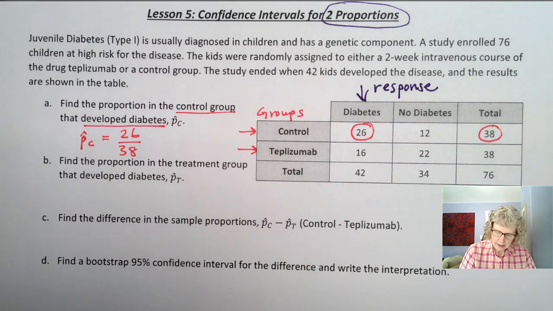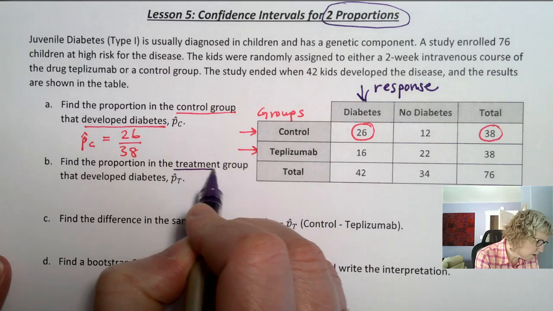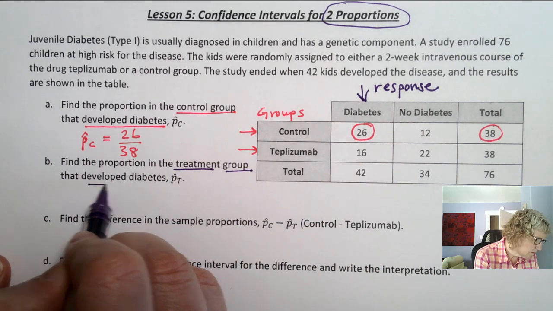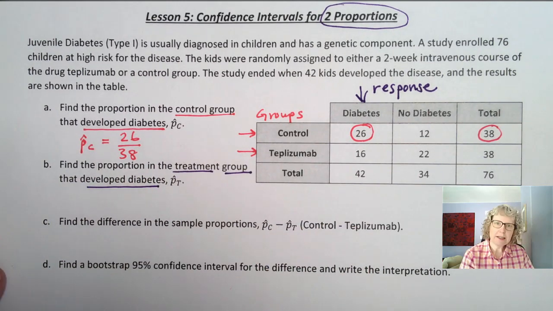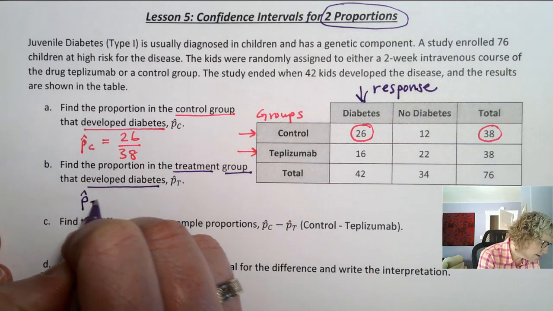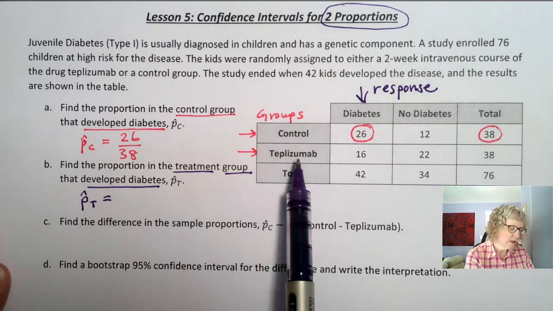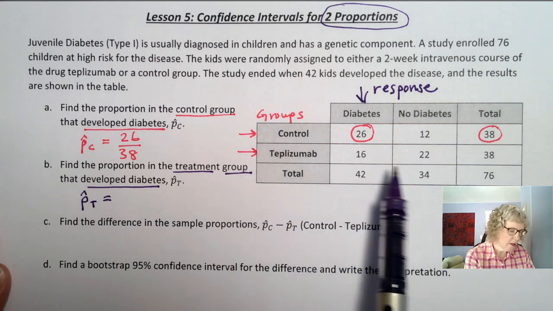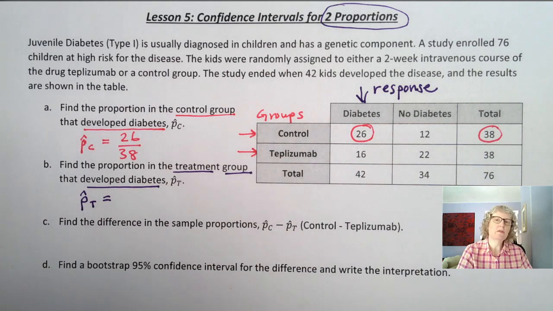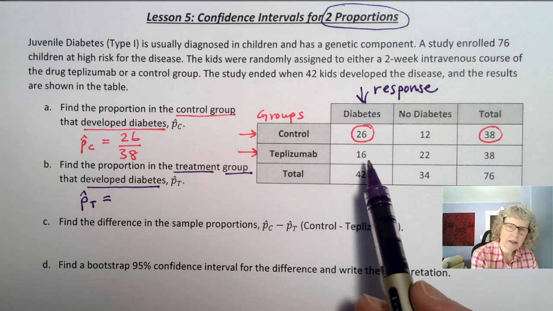Okay, and let's look at the second part. Part B says find the proportion in the treatment group that developed diabetes, and that's p hat T, for the drug that starts with a T. It makes sense, we should be comparing the groups, so the denominator should go with the groups, or whatever the explanatory situation is.